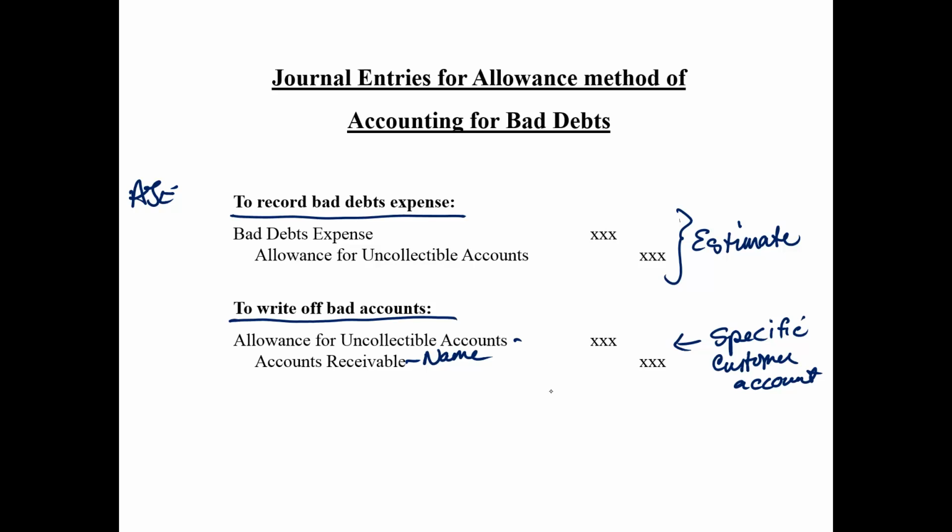Notice that the allowance for uncollectible accounts is a current asset account, accounts receivable is a current asset account, so there is no impact on current assets at the time of write-off. Just that's something that's kind of interesting.